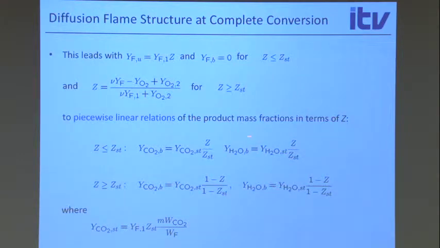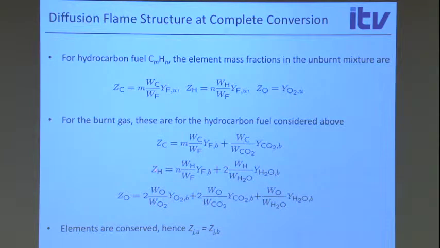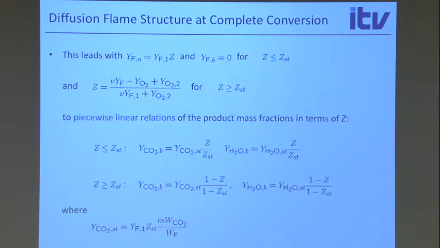mass fraction, which gives me then the mass fraction here of water. Okay? So as I said, you just use the relation. This Z_H after combustion must be the same as before combustion. We plug in the relation we had for Y_F unburnt, for Y_F burnt, and then we can solve this for Y_H2O burnt.